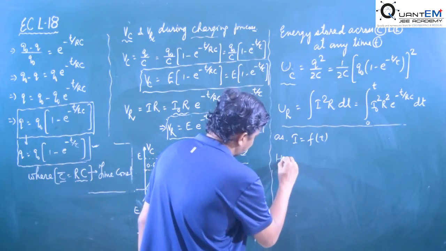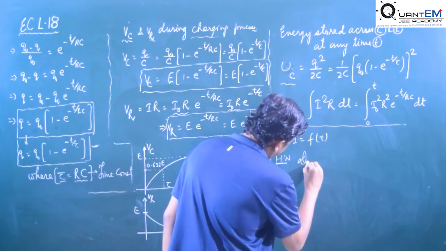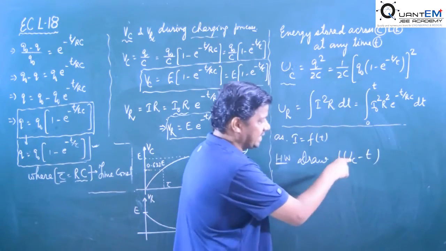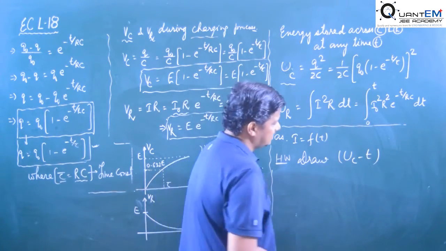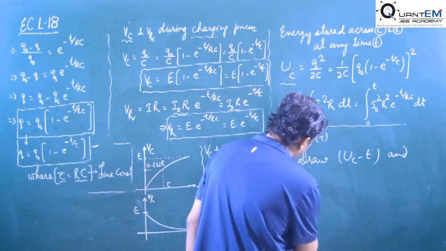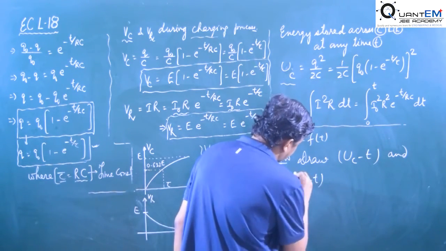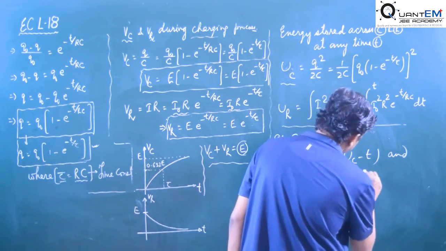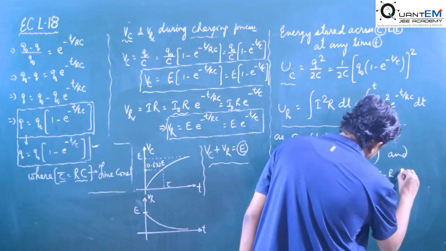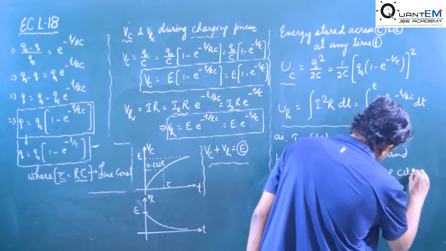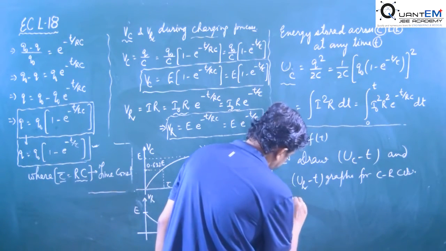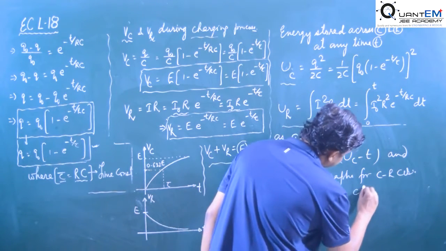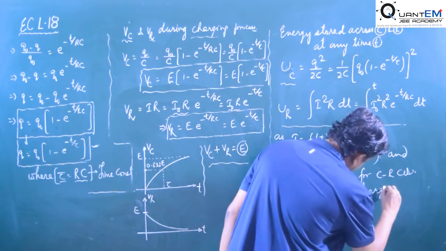One question I give you: draw the UC-t graph, energy across the capacitor versus time, and the UR-t graph, for a CR circuit with DC during the charging process.